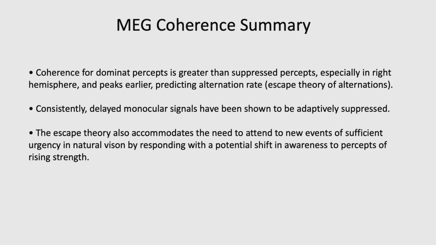It's an interesting concept. And if you think about it, the theory also makes sense in a natural setting, where it could accommodate the need to attend to a new event of sufficient urgency by responding with a potential shift in awareness.